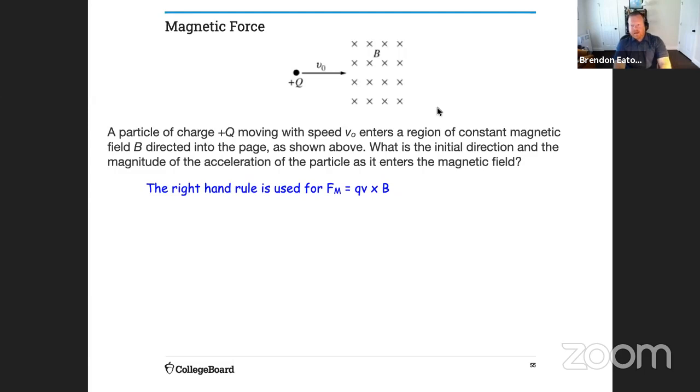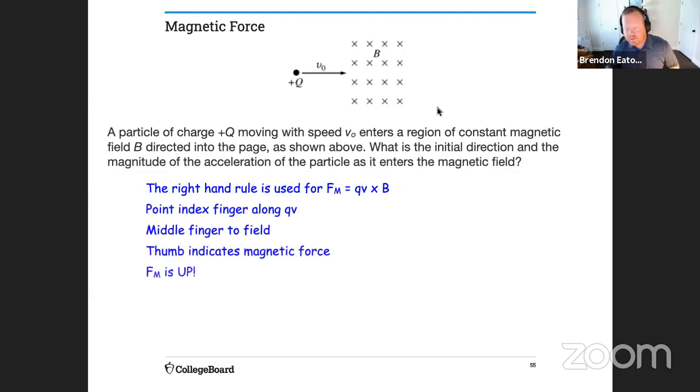On the screen, I've given you the right-hand rule used for force magnetic equals QV cross B. The way I teach my students is: point the index finger along QV, so that needs to go to the right. And your middle finger, or your 3 fingers like Mr. Mancini showed you, needs to be pointing into the field. Therefore, your force is upwards. I apologize, I did not solve this for acceleration for you, but if you'd like to try that, we might be able to give you the answer tomorrow.